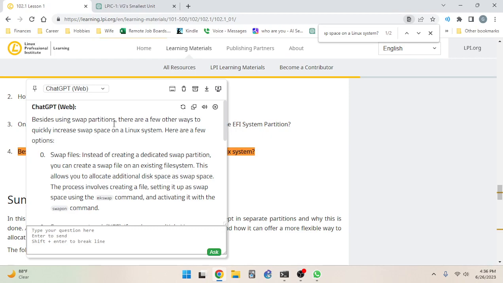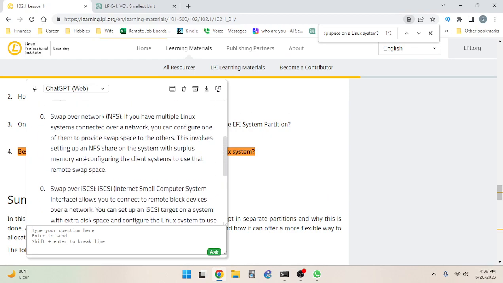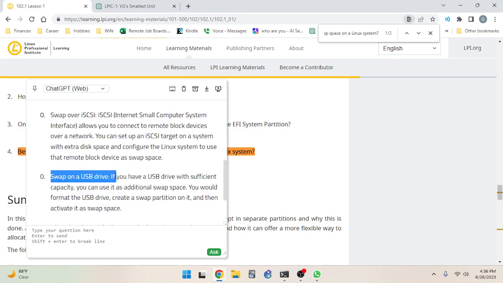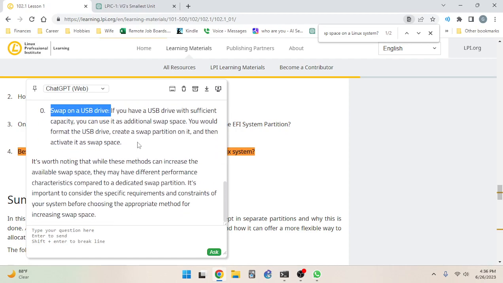The process involves creating a file, setting it up as a swap space using the mkswap command, and activating it with the swapon command. In addition to that, there's swap over network, swap over iSCSI, small computer system interface, and then there's swap on a USB drive.